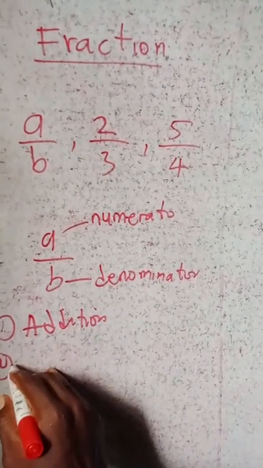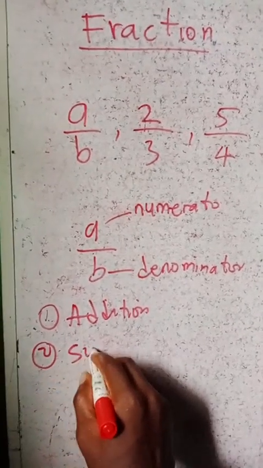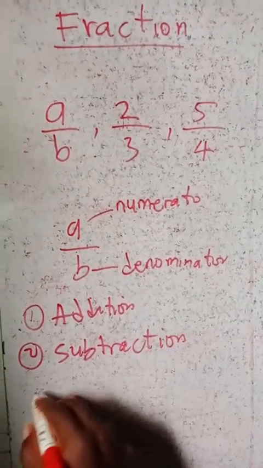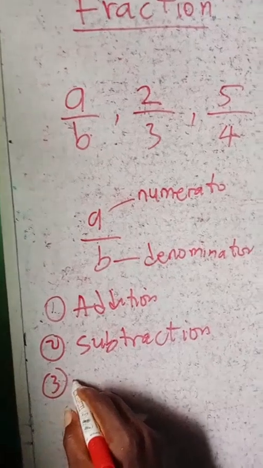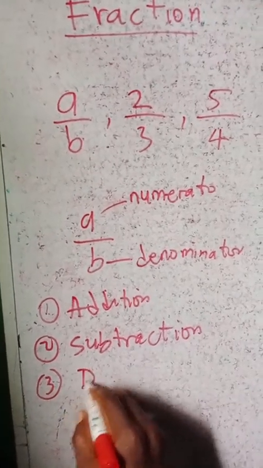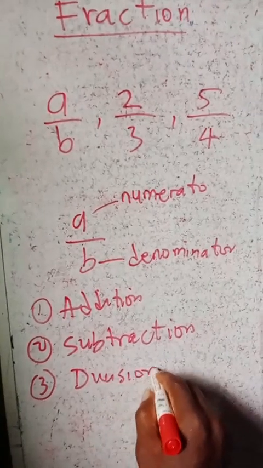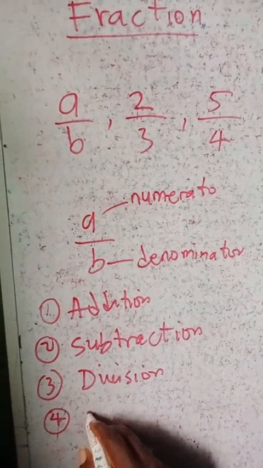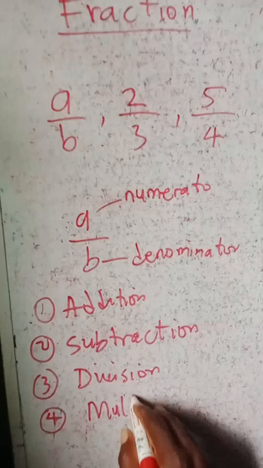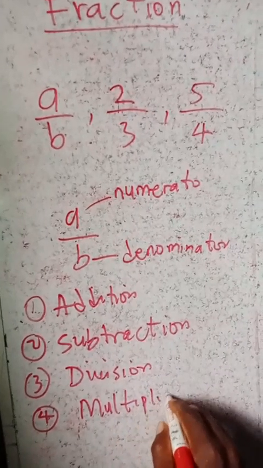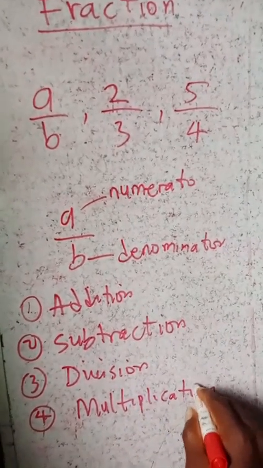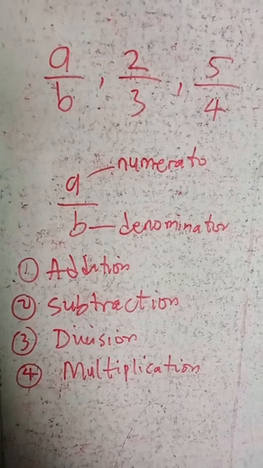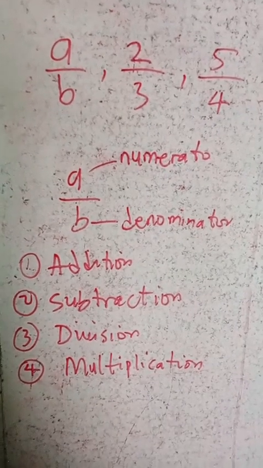Number two, subtraction. Number three, division. And finally, we'll talk about the multiplication aspect of it. So we are going to be treating this one after the other.